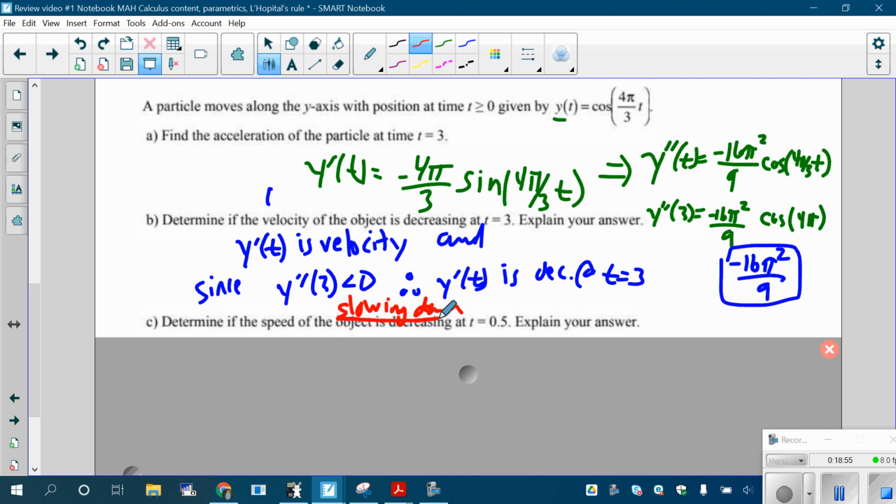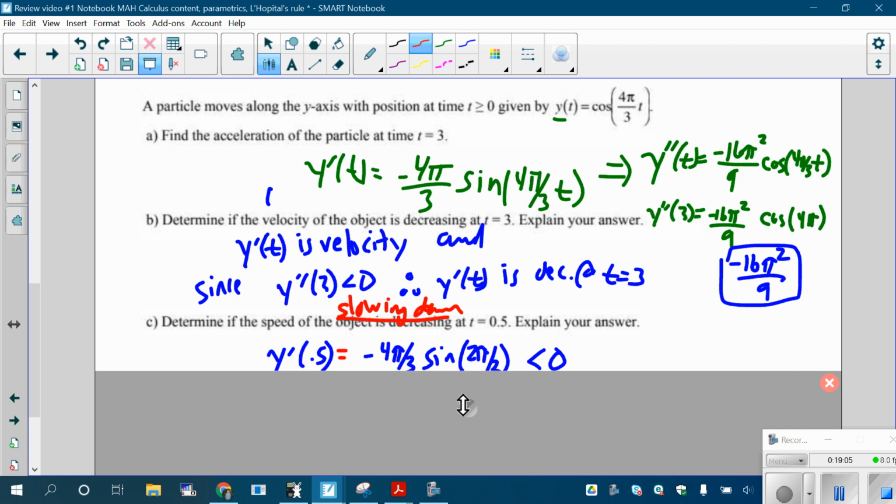The way you tell if an object is slowing down or speeding up is not just to look at the sign of velocity. Okay, you do have to look at the sign of velocity. So I gotta say, hey, wait. Oh, at time 4.5, my velocity is negative. But just because my velocity is negative, it doesn't mean that I'm slowing down.